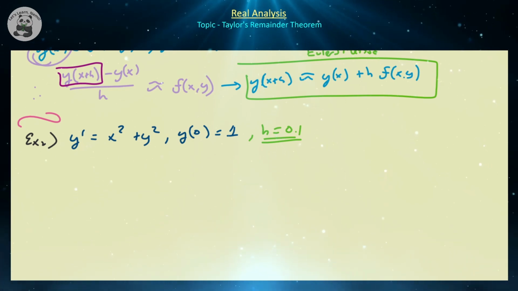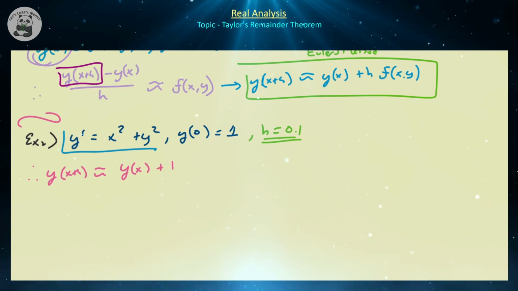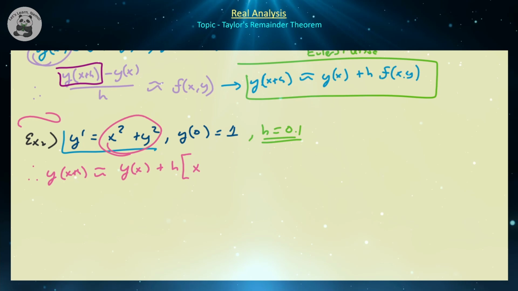So if we look at this particular differential equation, what are we going to have? We're going to have that y of x plus h will be approximately equal to y of x plus h times f(x, y), which is going to be the right-hand side of that equation. So that's going to be x squared plus y squared.